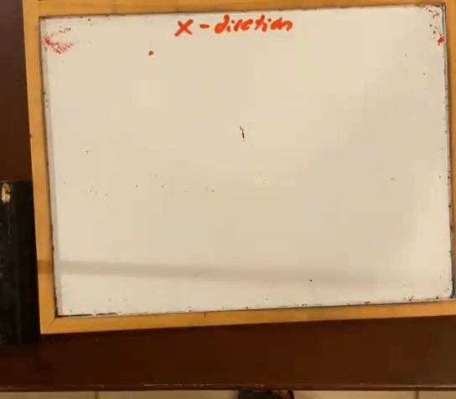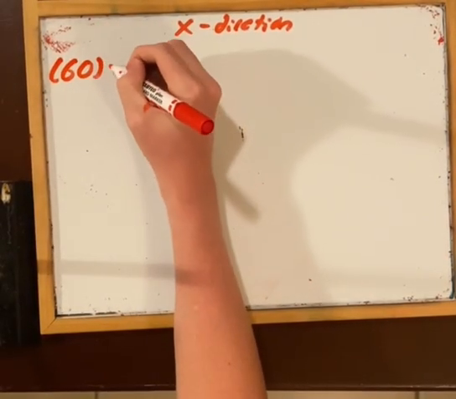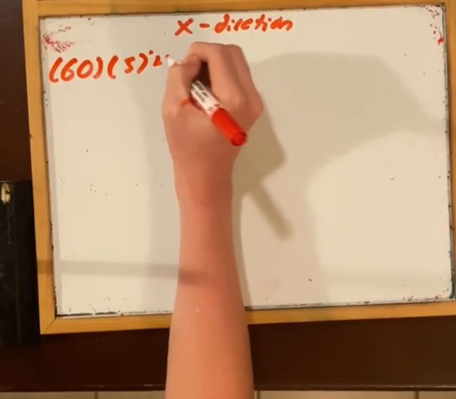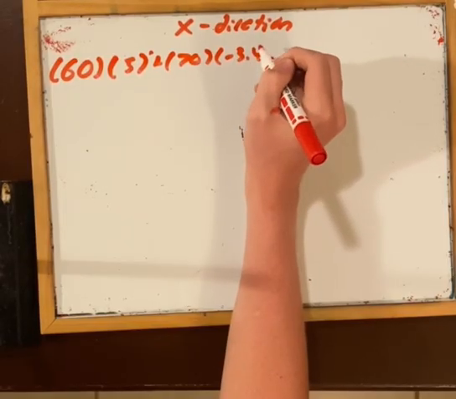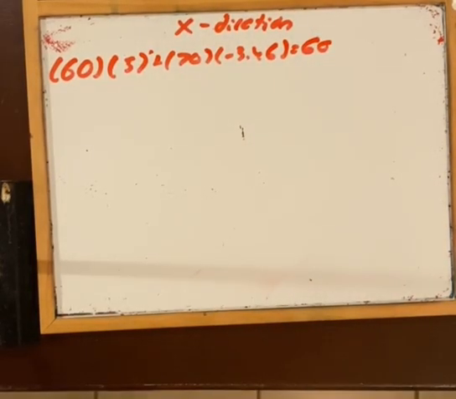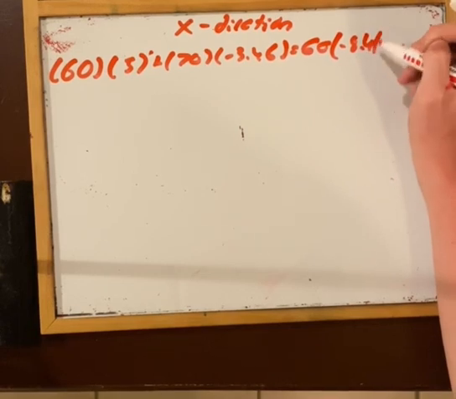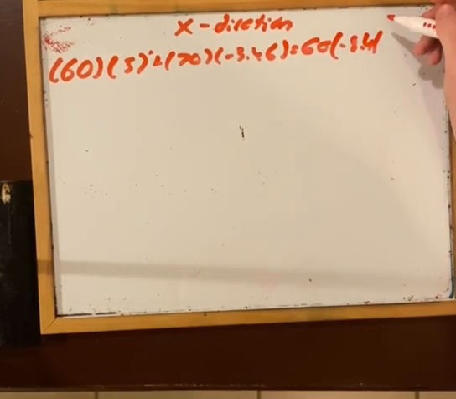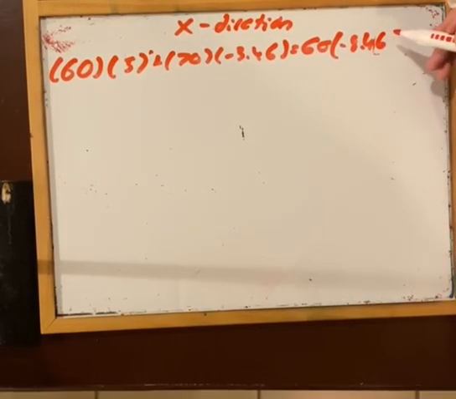So now we have to substitute in our values. Let's do 60 times 5 plus 70 times negative 3.46 equals 60 times negative 8.46 plus v2f of x.